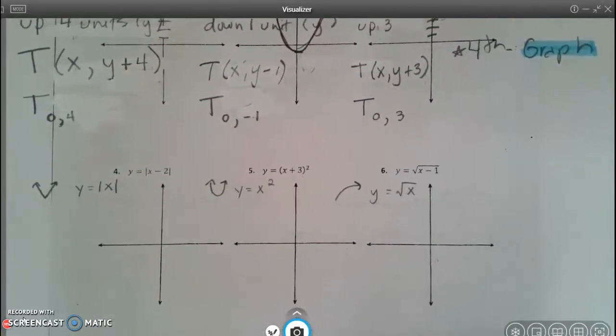All right, so let's see what's going to happen to these. So we've already identified the parent function and the shape of the graph, so we need to determine what the change in the x and the y is going to be. So let's move to our calculator.